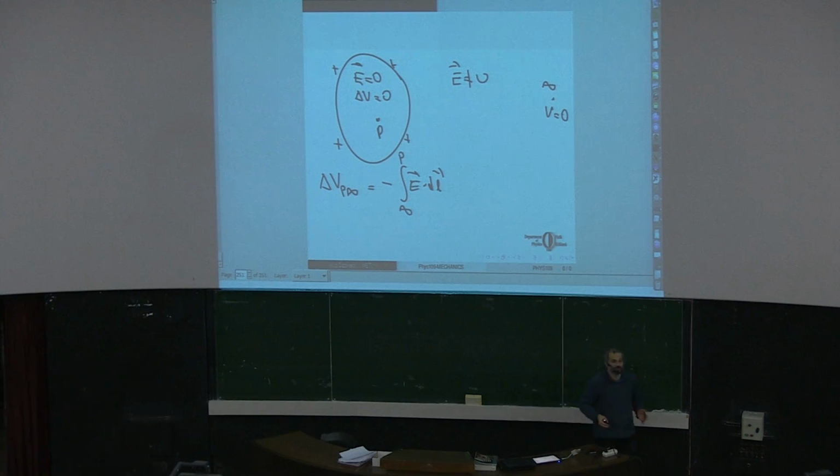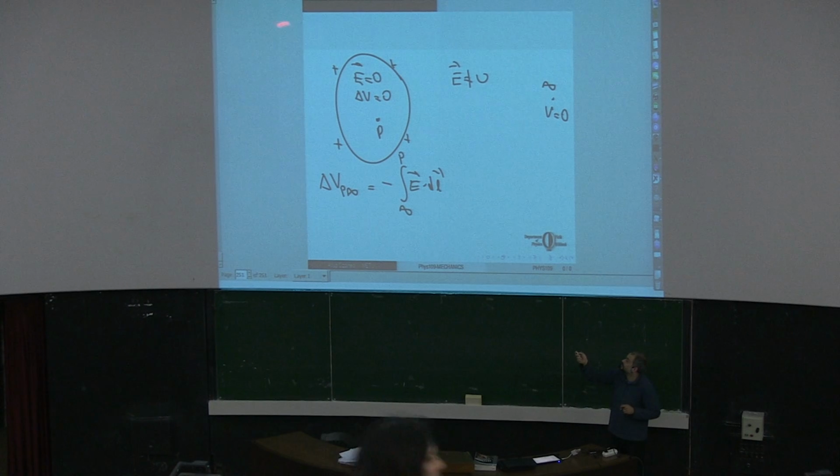Now the question is, which point has 0 potential? Well, it's up to you to choose. You can choose any point to have 0 potential. The only thing we can calculate without any ambiguity are the potential differences. So inside we know the potential difference is 0. And we know that the potential difference between this point and the point at infinity is non-zero. So if you set the potential inside your sphere to be 0, you can choose that.